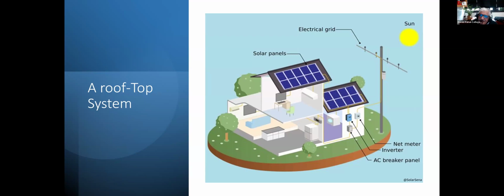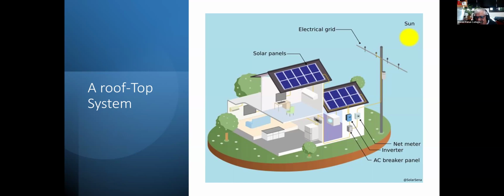Well, this is a typical residential building that you can see, or an office building. It has solar panels on the top, and solar is a direct current system, while the electricity that we use in the house is an alternating current system. So it needs an inverter to convert that.